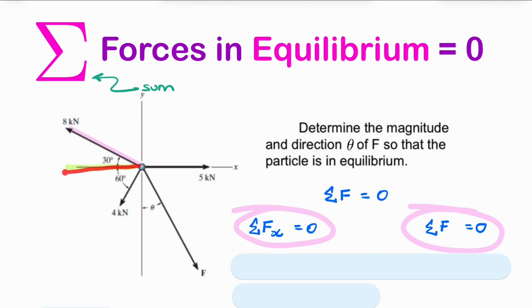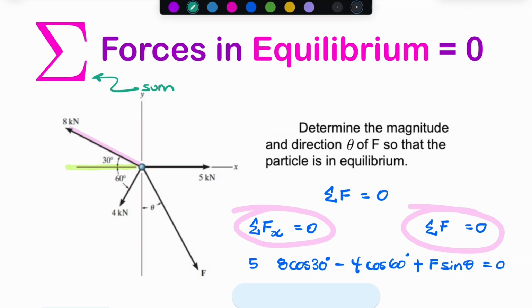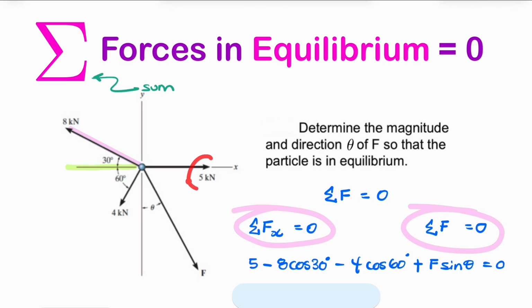And because it's to the left, and our convention is positive x to the right, that will be negative. So we can add all these together. We can say 5, that's positive 5, minus 8 cosine, that's that component there. And here again, it's to the left, so it's minus 4 cosine 60.